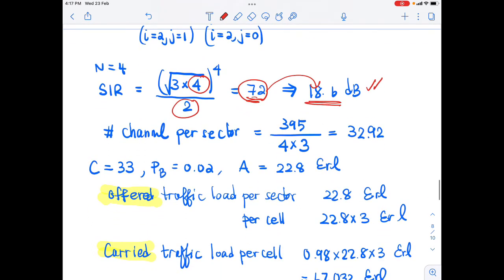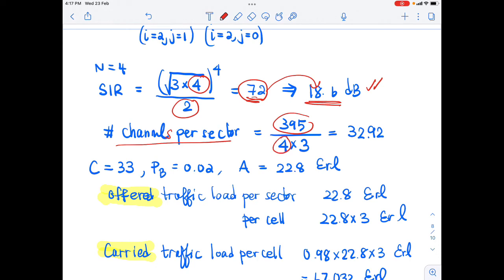Again we want to find the number of channels per sector. Total number of channels is 395. Since the frequency reuse factor is 4, one cell cluster consists of 4 cells.